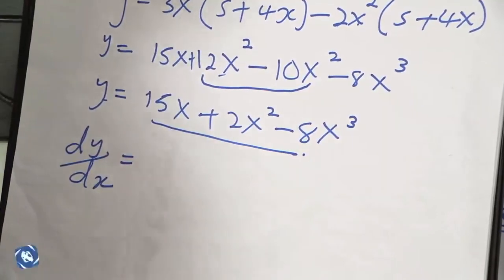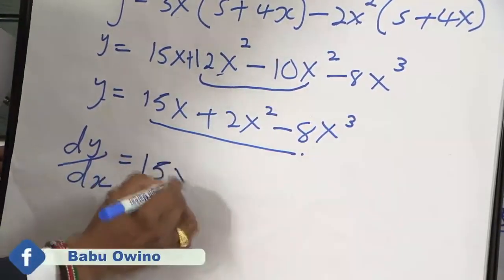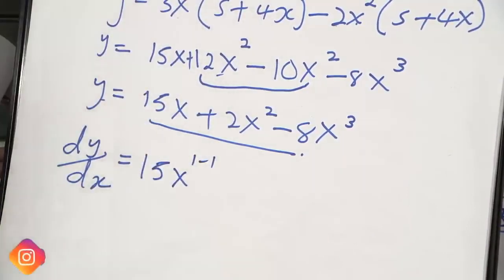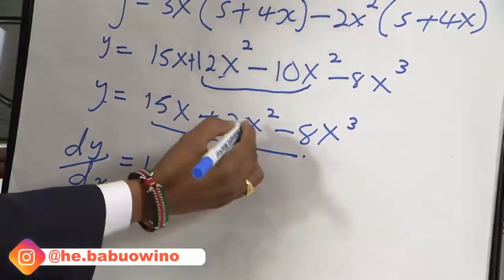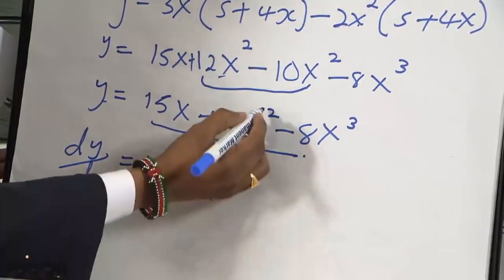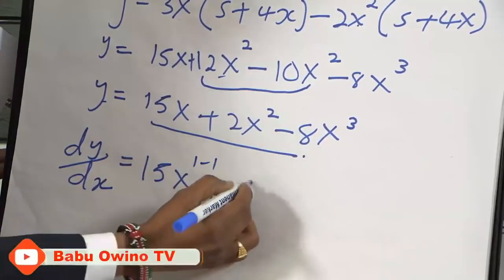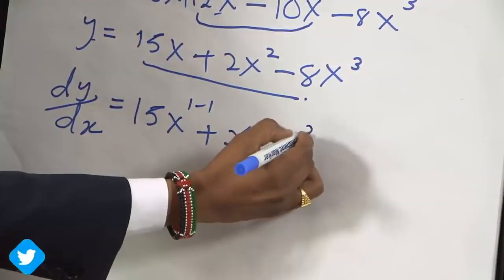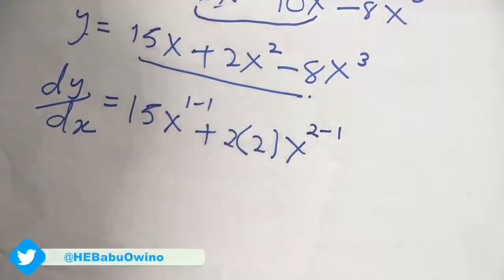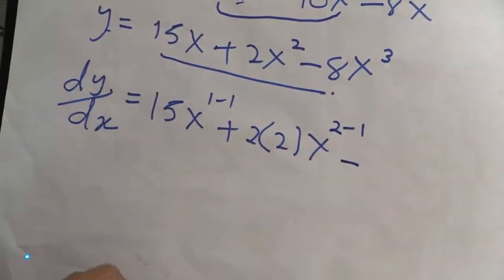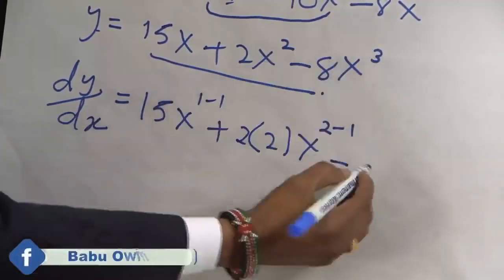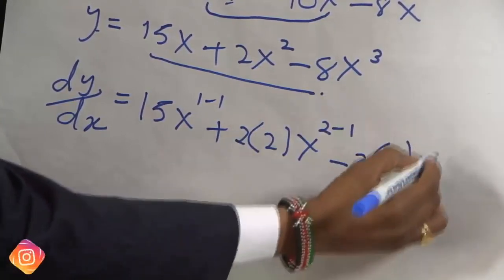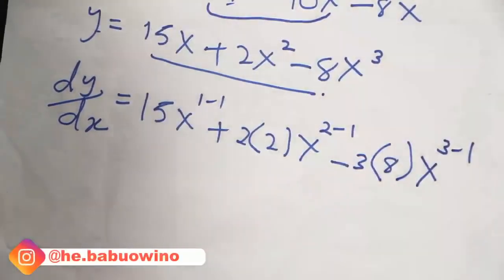In differentiating 15x, x is raised to power 1, you subtract 1. Then plus 2x squared differentiated, you drop down the power 2, then you multiply by the constant 2, then we have x, then 2, you subtract 1. Minus, drop down power 3, multiply by 8, x cubed, you subtract 1.